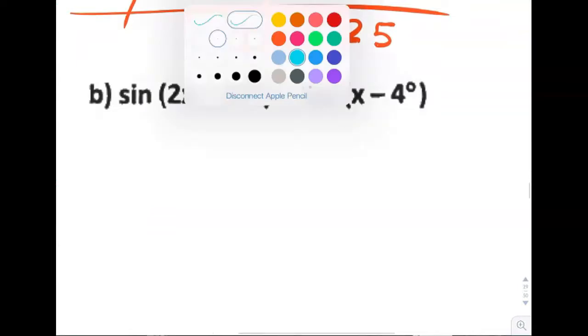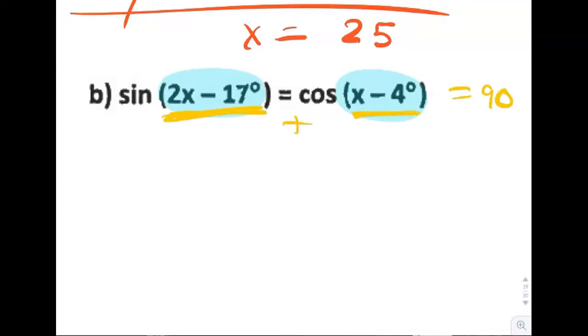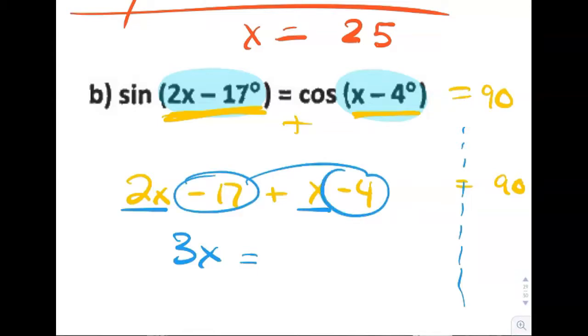Yikes, what's this? This plus this equals 90. This plus this equals 90. That plus that equals 90. 2x and x is 3x. Negative 17, go down 4 more. That's negative 21.